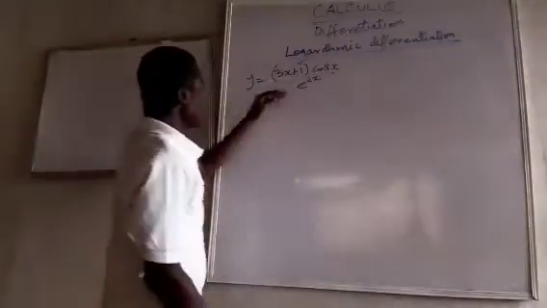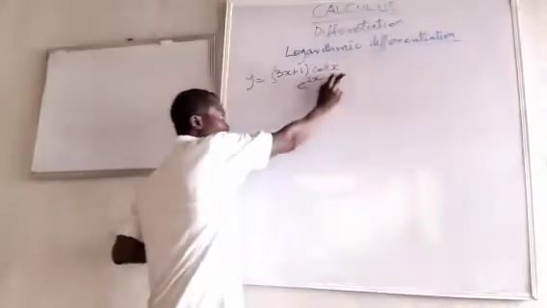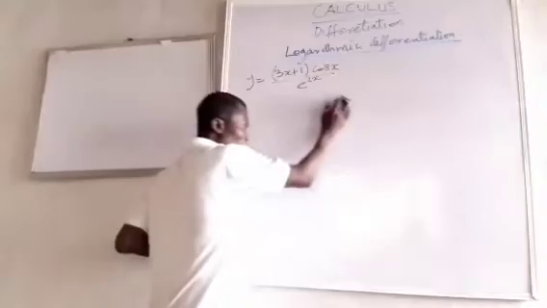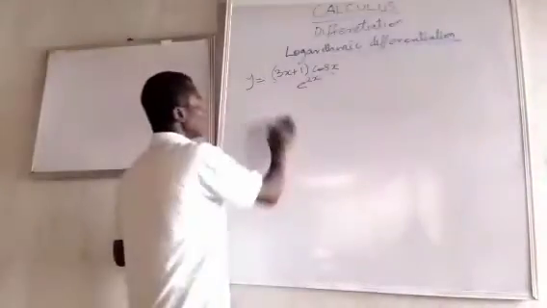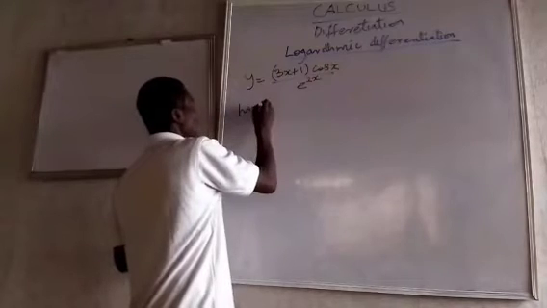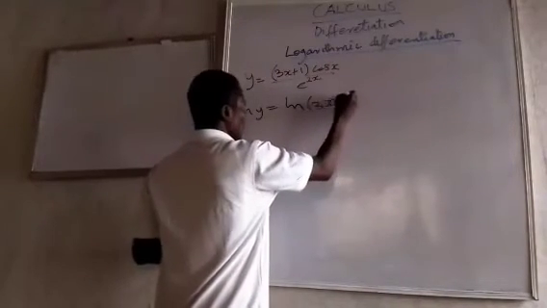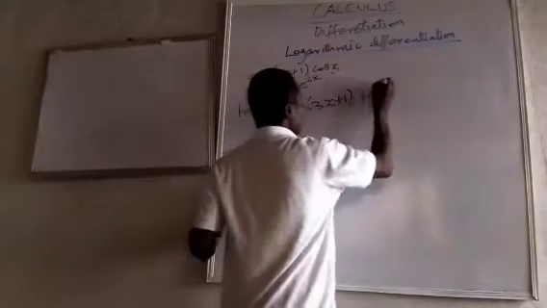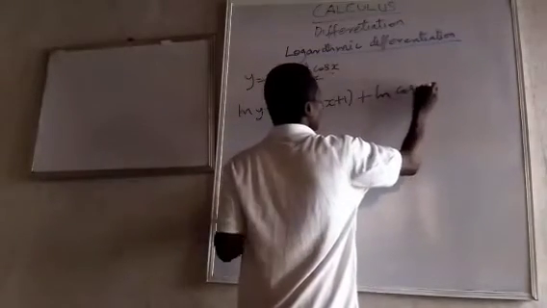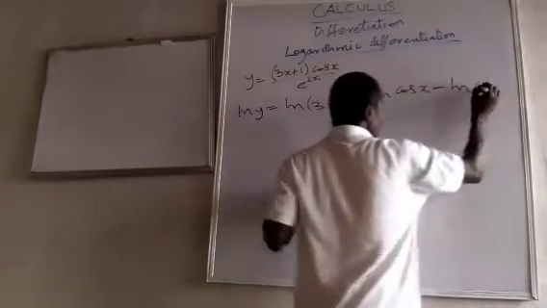In this instance, I have y equals (3x plus 1) multiplied by cos x, divided by e raised to the power 2x. Now, what do I have? I can express it like this: ln y equals ln(3x plus 1) plus ln cos x minus ln e raised to the power 2x.